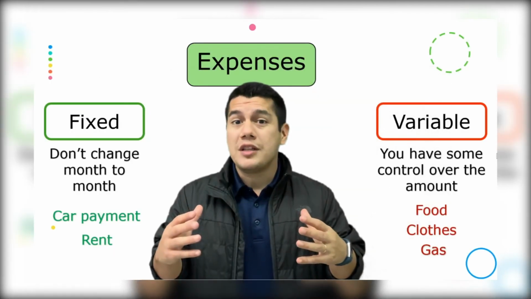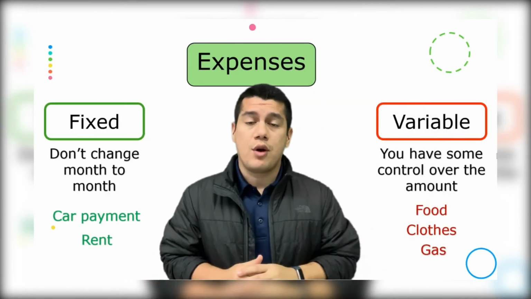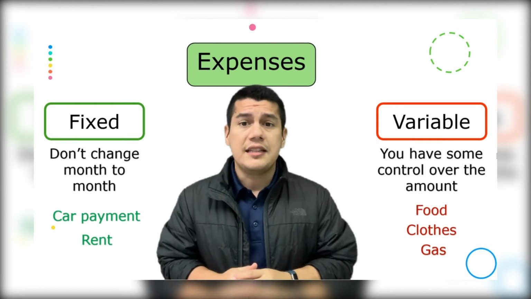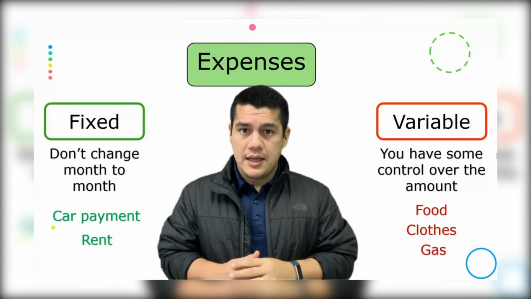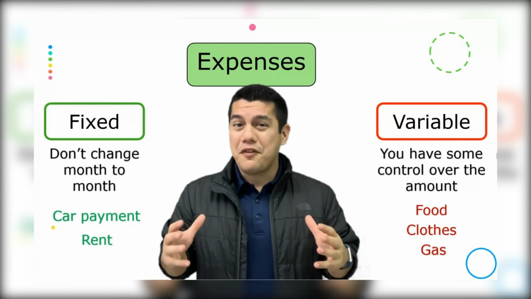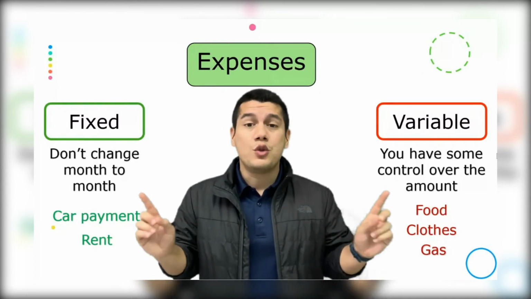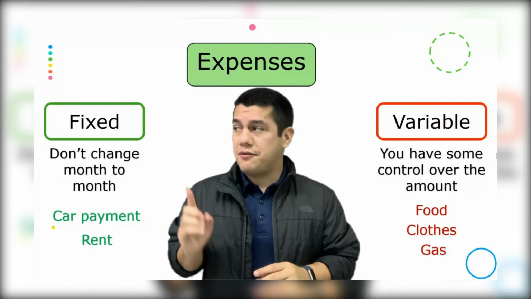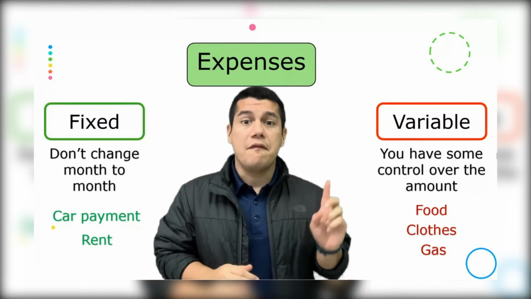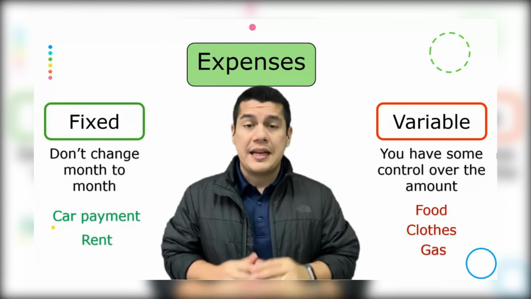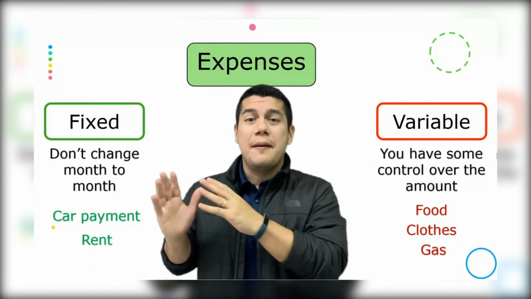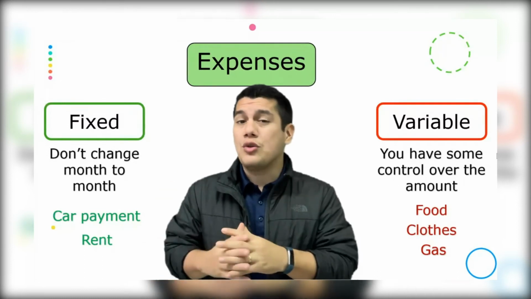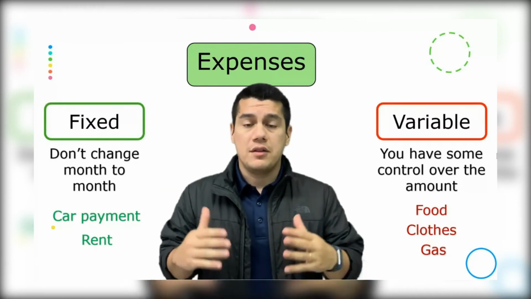We're going to introduce two new vocabulary words for our lesson, and these are just types of expenses. We have two main types: fixed expenses and variable expenses. The difference is that with fixed expenses, the money that goes out doesn't change month to month.